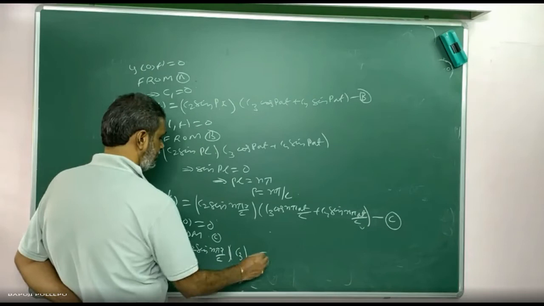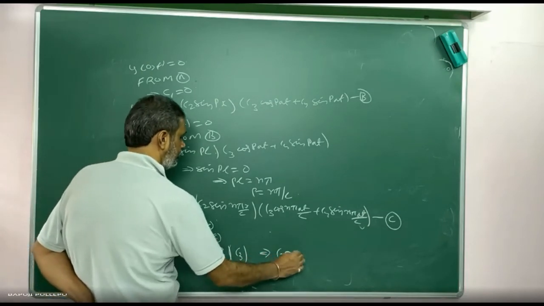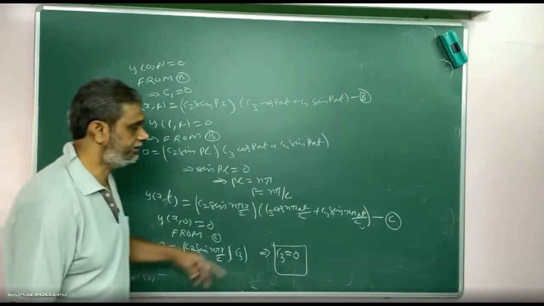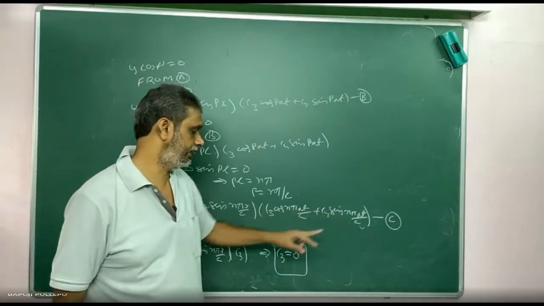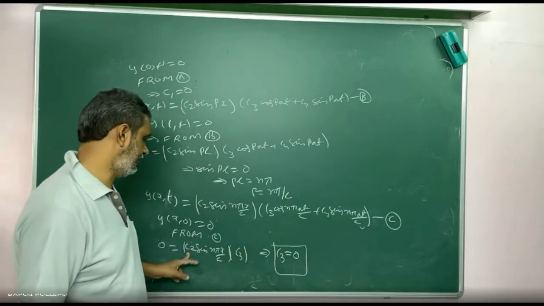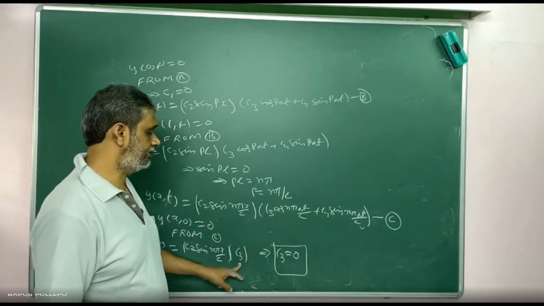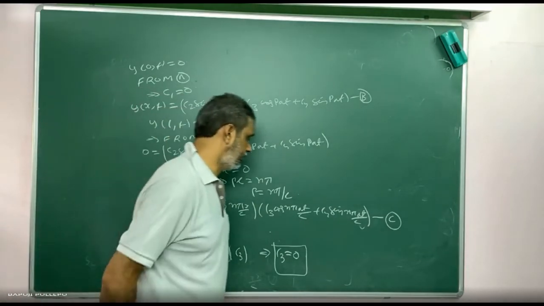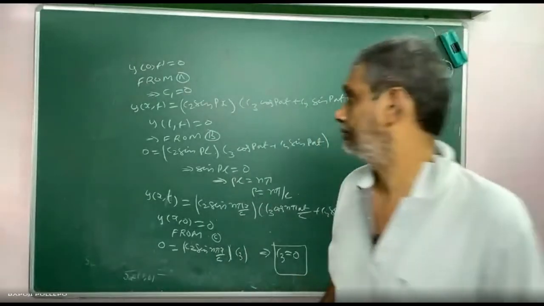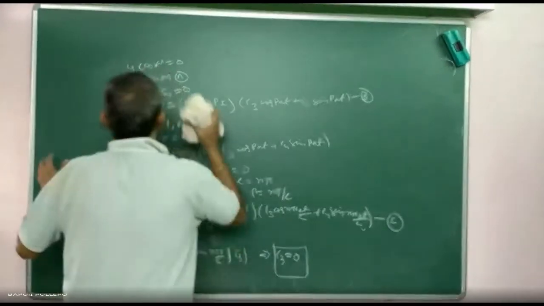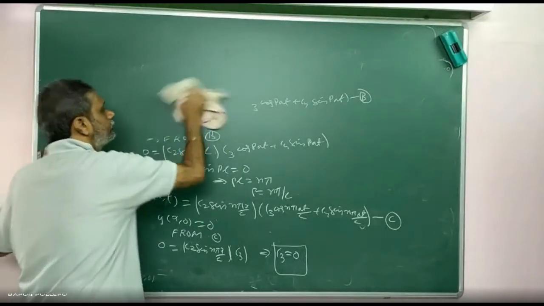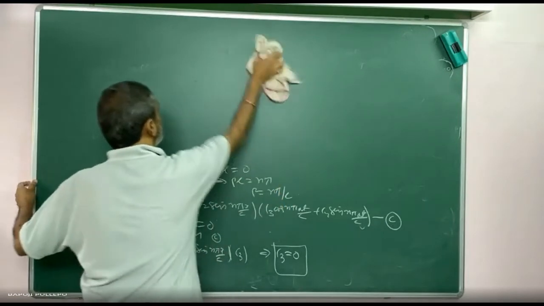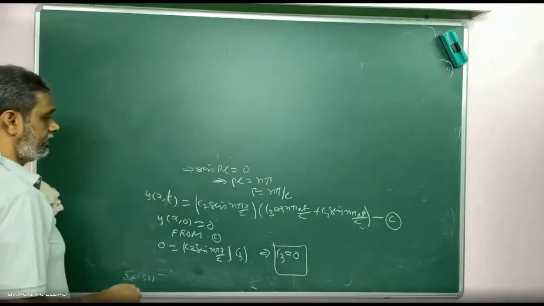So from this, C3 is equal to 0. If you put t is equal to 0, cos 0 is 1, sin 0 vanishes, only C3 remains. C2 cannot be 0, sin cannot be 0, so the only chance is C3 is equal to 0.